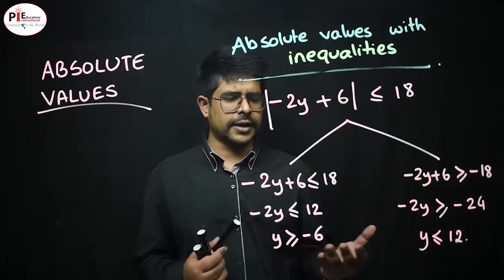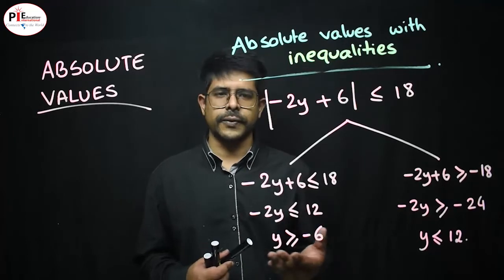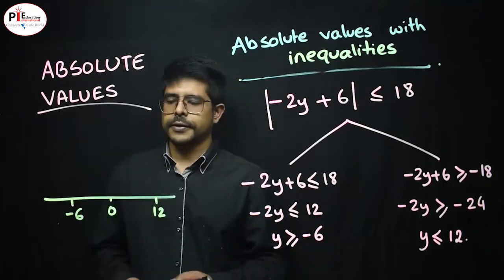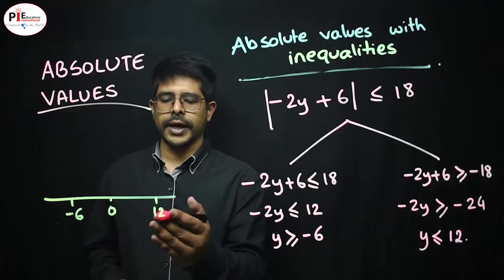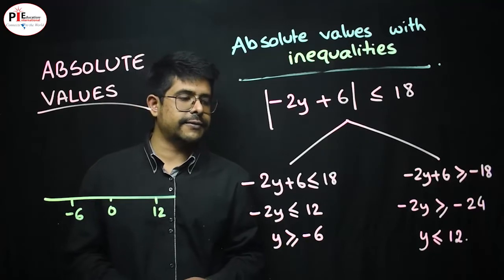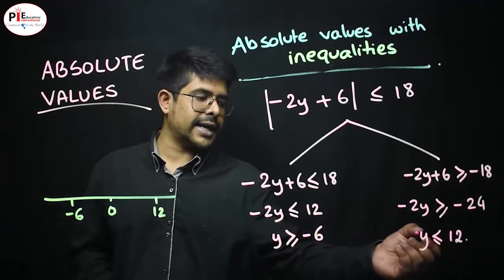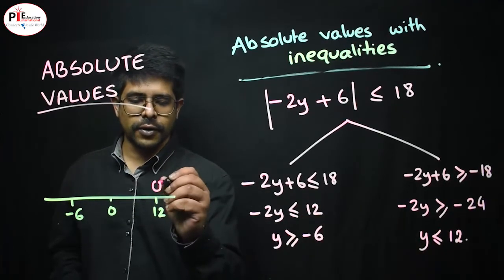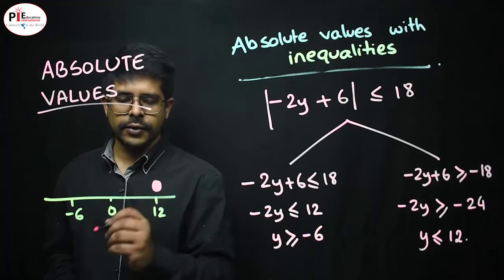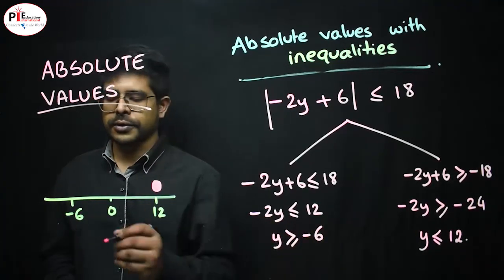Then again, if it is hard to visualize how to represent these values, we can represent them on a number line and see how it works. So we have a number line and we have the values of 12 and -6, and we can say that y is less than or equal to 12. So over here it will be colored. And we have y is greater than or equal to -6.